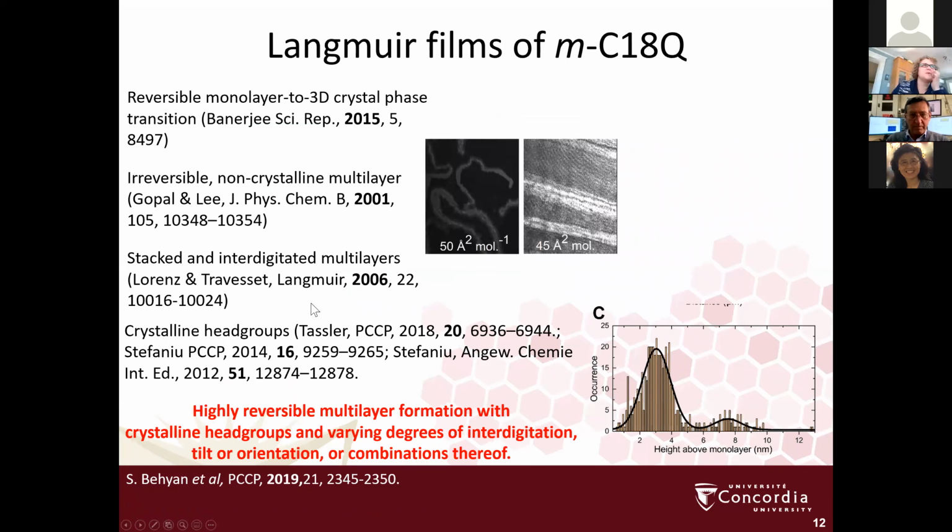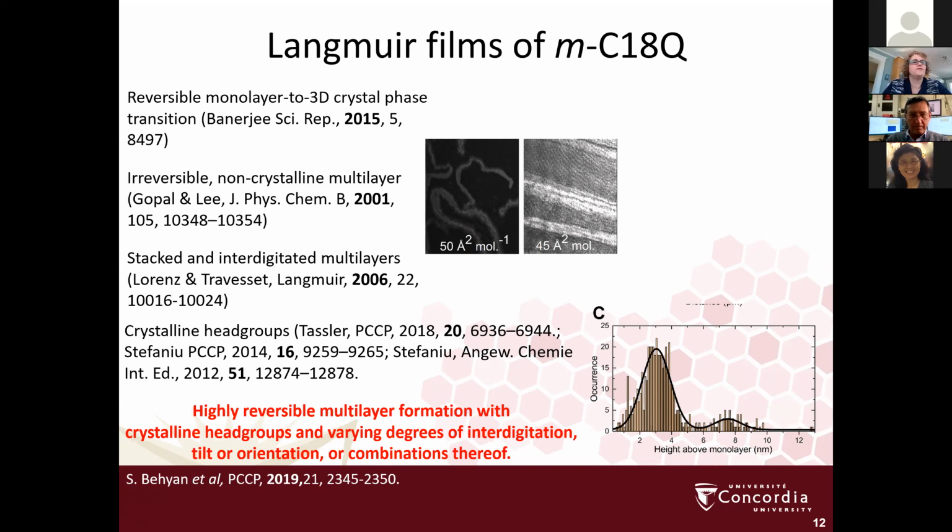So as I just mentioned, there have been reports of monolayer to 3D crystal phase transitions. There have been reports of irreversible, non-crystalline multilayer transitions, and there have been stacked and interdigitated monolayers reported, as well as crystalline head groups.